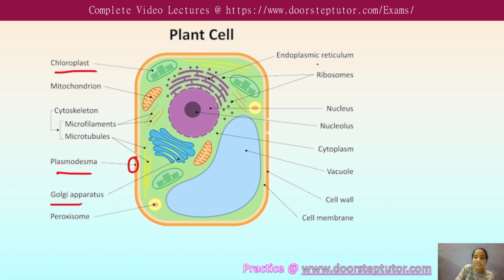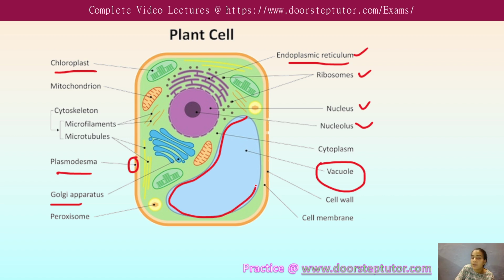Besides this, endoplasmic reticulum is present in both plant cells and animal cells. Ribosomes are also present in both. Nucleus is also present in both. Large vacuole, as we can see here, is present in the plant cell. This large vacuole mostly occupies about 90% of the volume in a cell.